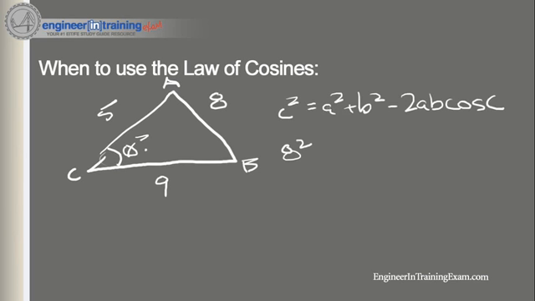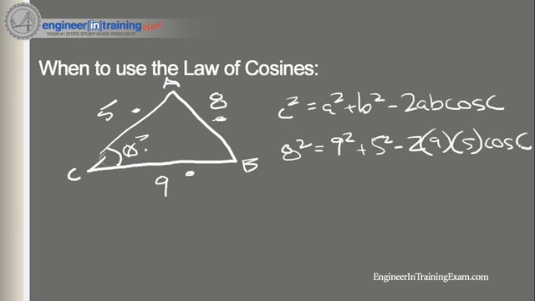So if this is angle C, this is going to be side c. This is angle B, so this is going to be side b. This is angle A, so this is going to be side a. So just plug in all your knowns. 8 squared is equal to 9 squared plus 5 squared minus 2 times 9 times 5 cosine of C.